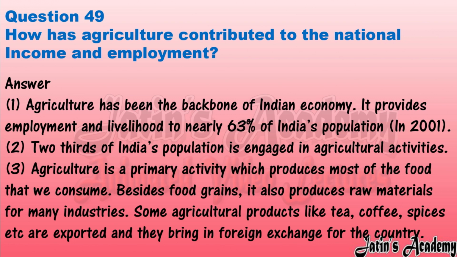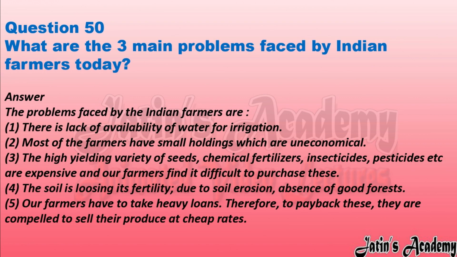Two-thirds of India's population is engaged in agricultural activities. 3. Agriculture is a primary activity which produces most of the food that we consume. Besides food grains, it also produces raw materials for many industries. Some agricultural products like tea, coffee, spices, etc. are exported and they bring in foreign exchange for the country.